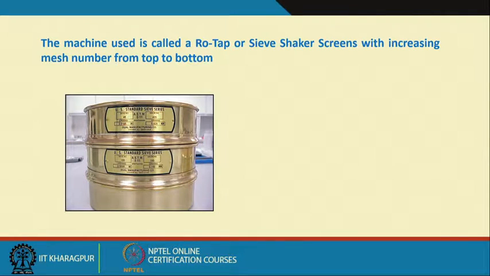That means that sieve aperture, because each aperture has to be equal, the manufacturer has to guarantee that. So each aperture size is 425 micron. The next one is showing 150 micrometers.